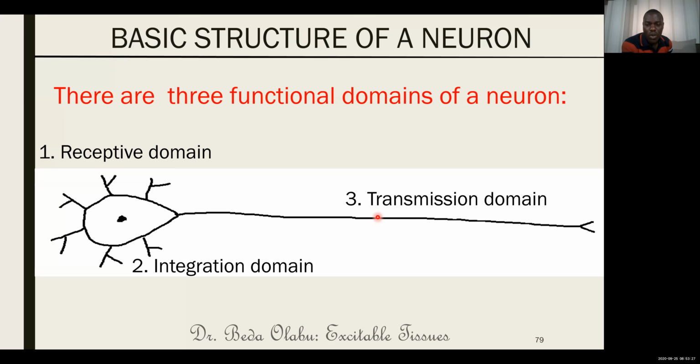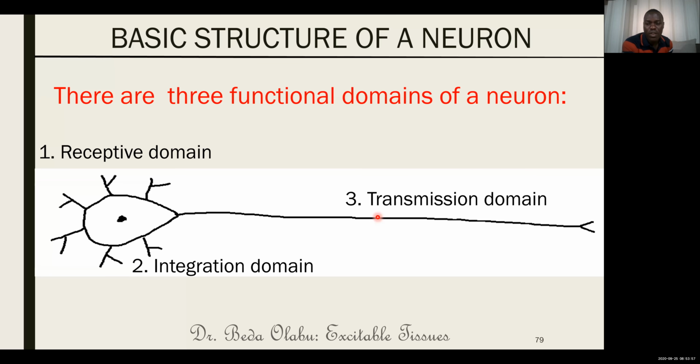So based on the diameter of the axons, we have different types of neurons. There are those we call alpha neurons, beta neurons, delta neurons, gamma neurons. They are based on the size.